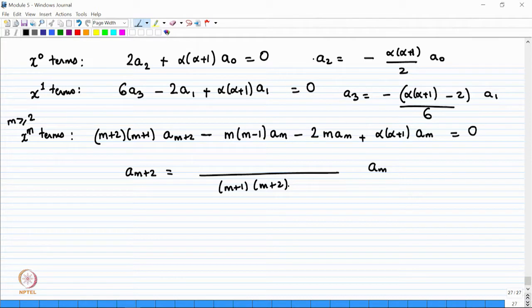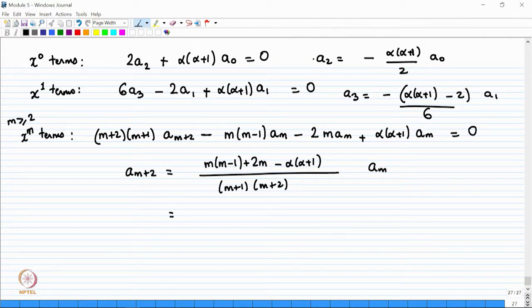In the numerator, I have m minus 1 plus 2 m minus alpha times alpha plus 1.